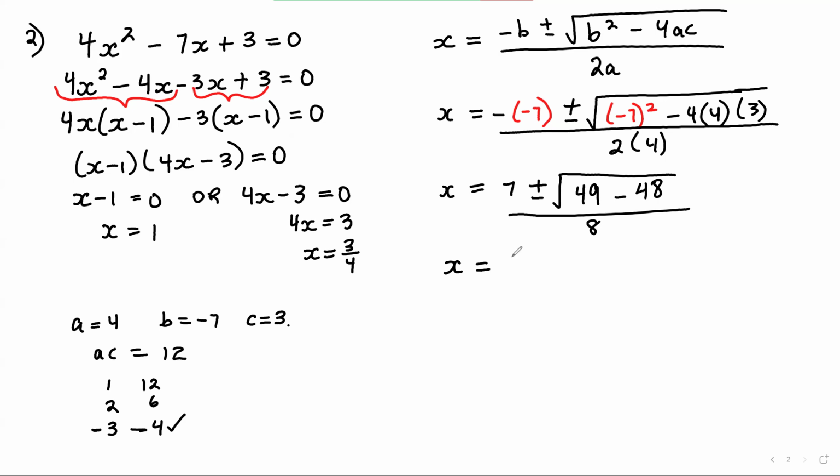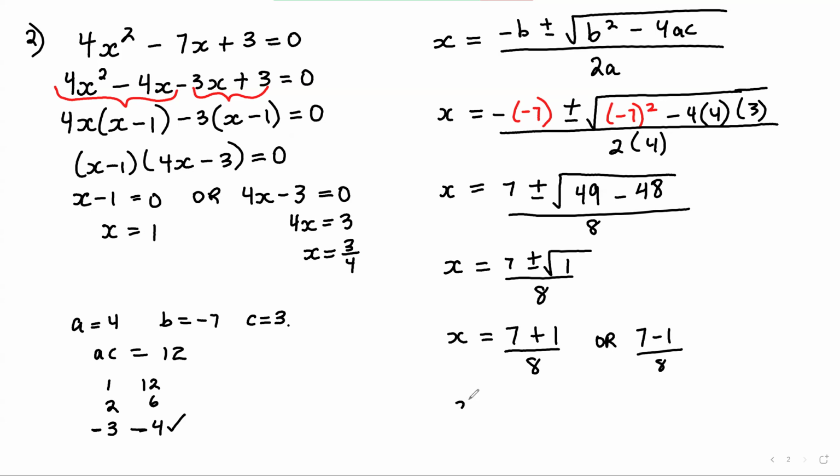Okay, so let's simplify. So this will be 7 plus or minus the root of 49 take away 48, which is 1, all over 8. So now we'll say x is equal to 7 plus 1, because the positive square root of 1 is 1, all divided by 8, or x is equal to 7 take away 1, all over 8.